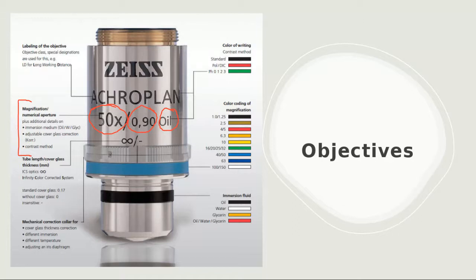So instead of just using air, which is the difference between the lenses, you'll have oil inserted in some of these, or you'll have glycerin. Here are some examples: oil, water, glycerin, or a mixture of oil, water, and glycerin. This black bar shows that it's oil, and it states it's oil here.